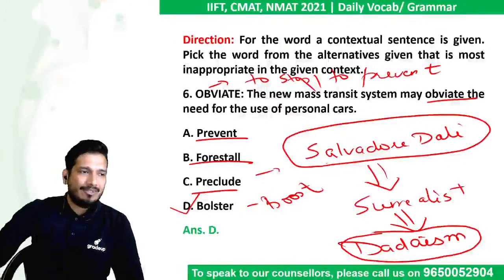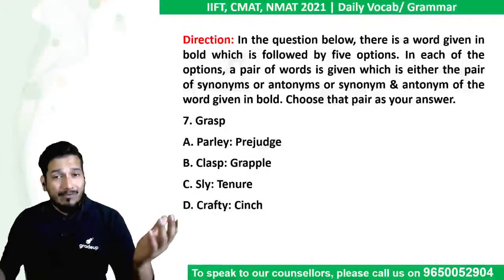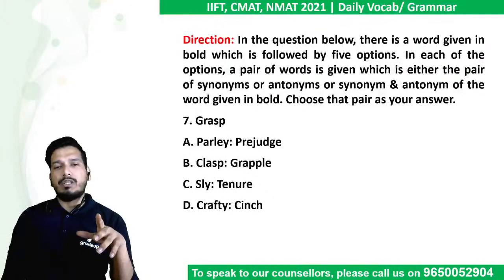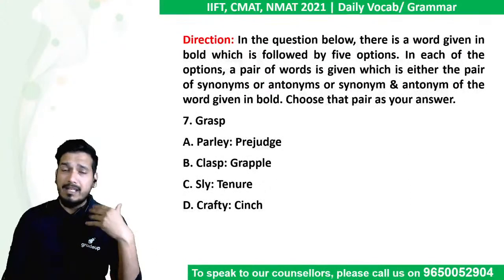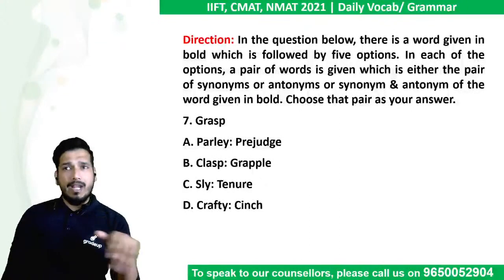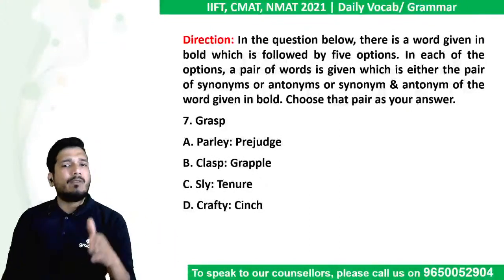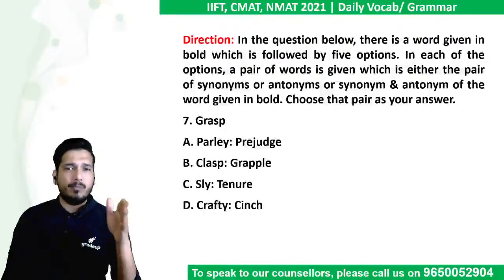Almost 5 questions. Anyway, next, my favorite category, analogies. These questions form the crux of IIFT specifically and XAT also, and the other TestNat and CMAT exams also, but majorly IIFT and XAT. Grasp. A. Parlay is to prejudge.